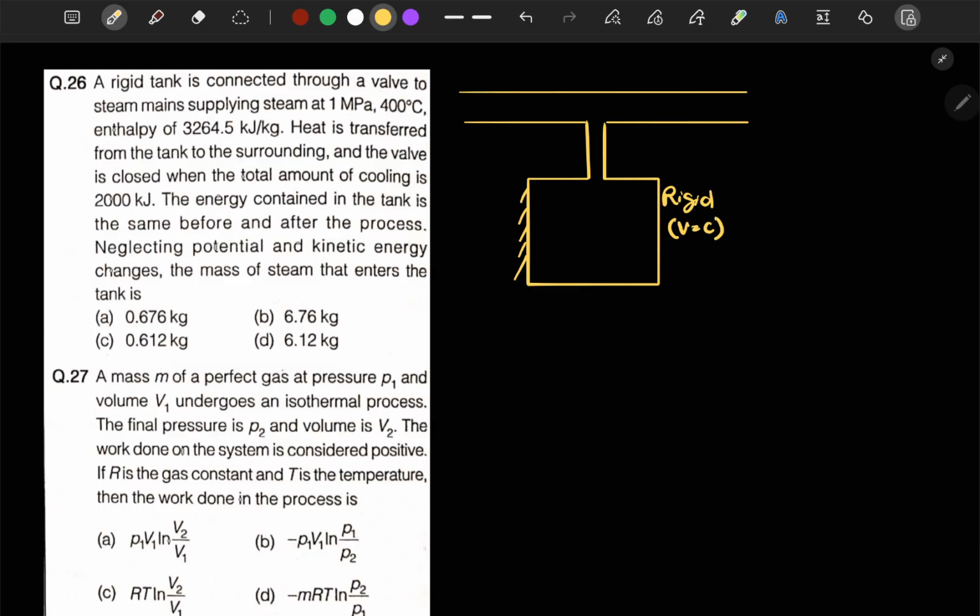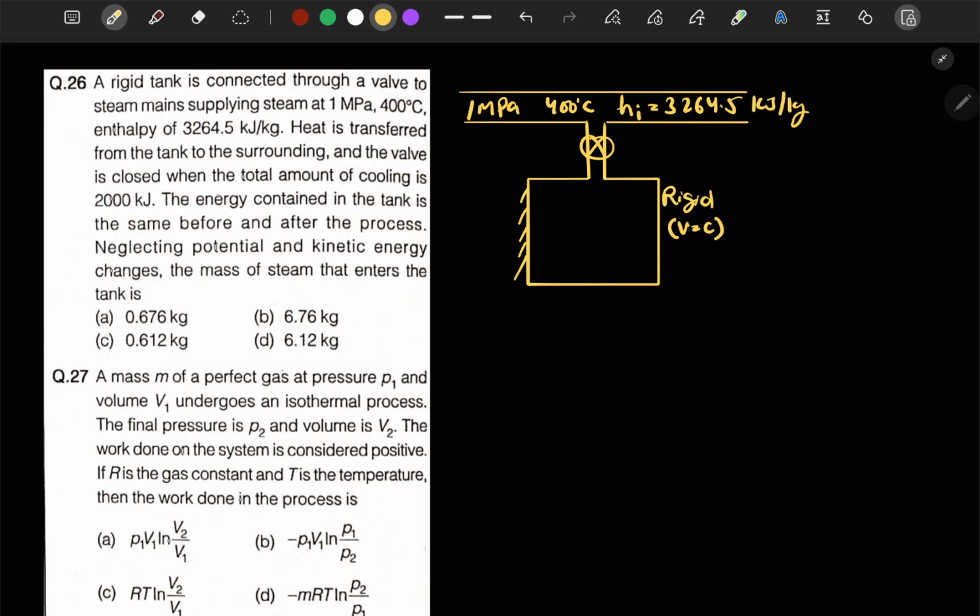It is connected through a valve to a main steam supply line, steam at 1 megapascal, 400 degrees Celsius, and Hi is equal to 3264.5 kilojoule per kg.